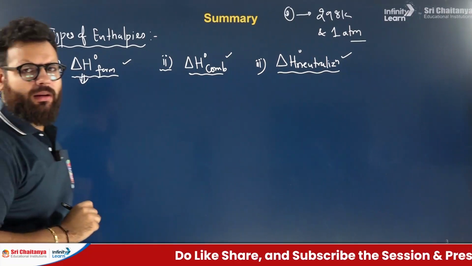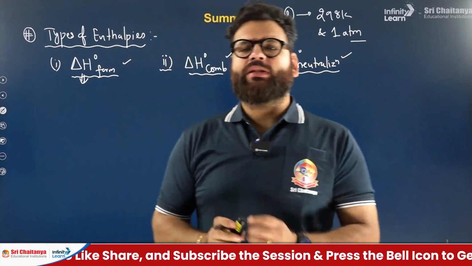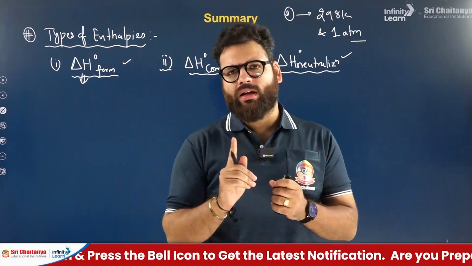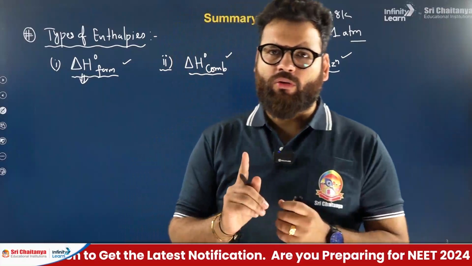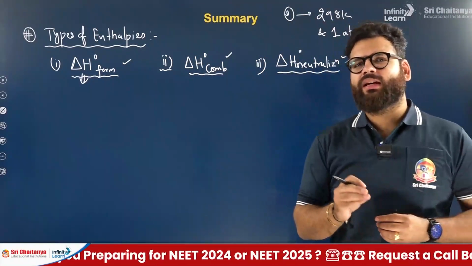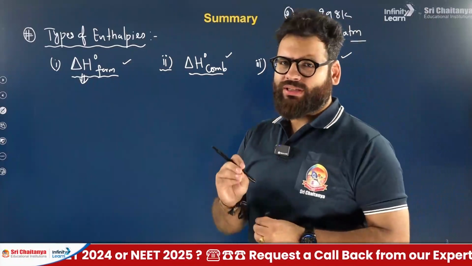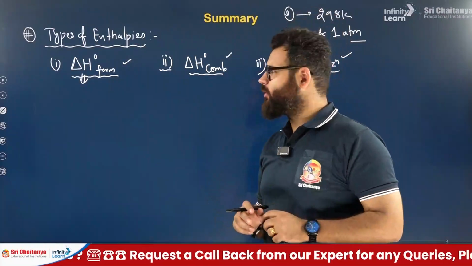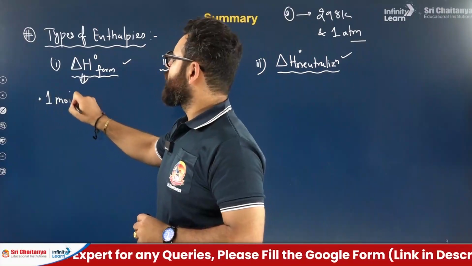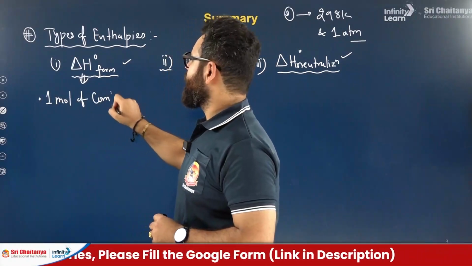What is formation enthalpy? Formation enthalpy means whenever you prepare 1 mole of any compound starting from its elements in their thermodynamically most stable state. So there are few things that you need to remember here. First of all, you need to make 1 mole of a compound.